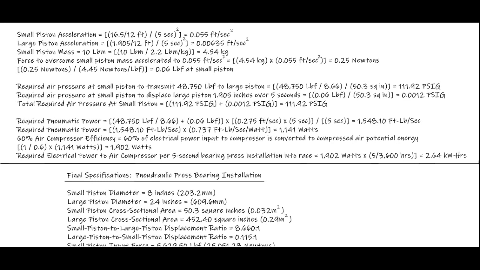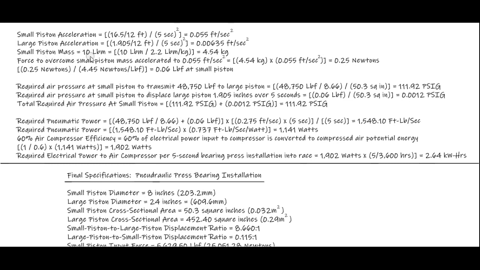So we compute the distance in feet, 16.5 inches over 12 inches per foot, divided by 5 squared, so 0.055 feet per second squared small piston acceleration, and then of course the displacement distance at the large piston in feet divided by time squared, 0.00635 feet per second squared.